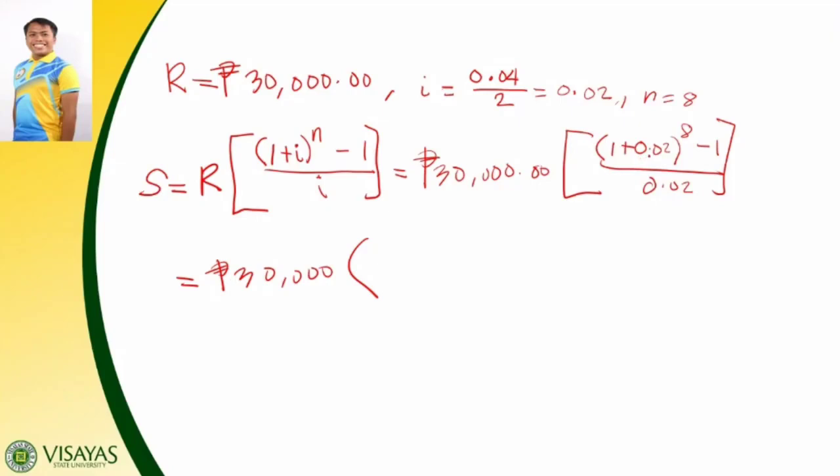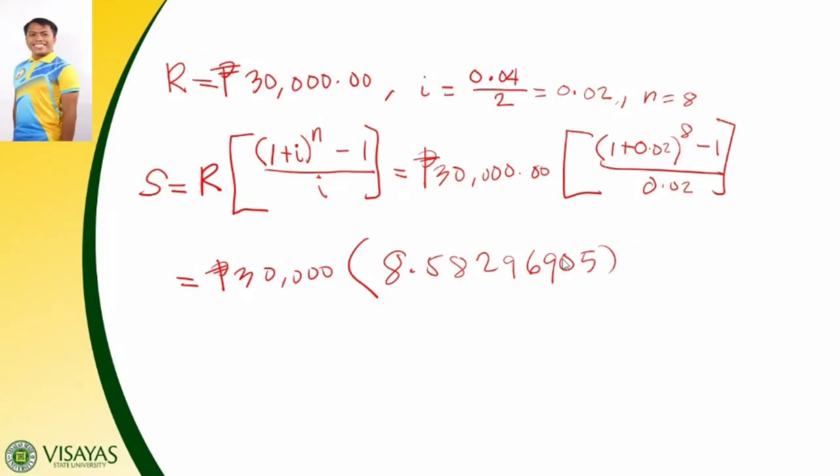So 1.02, then ato na siya i-raise to the power of 8, minus 1. Then i-divide nato ni 0.02. So here this is 8.58296905.